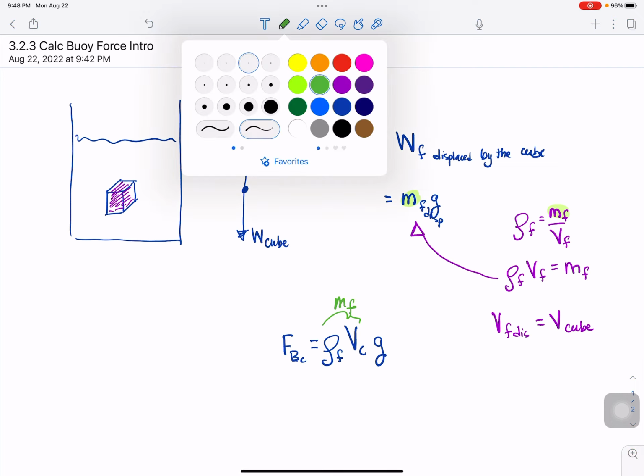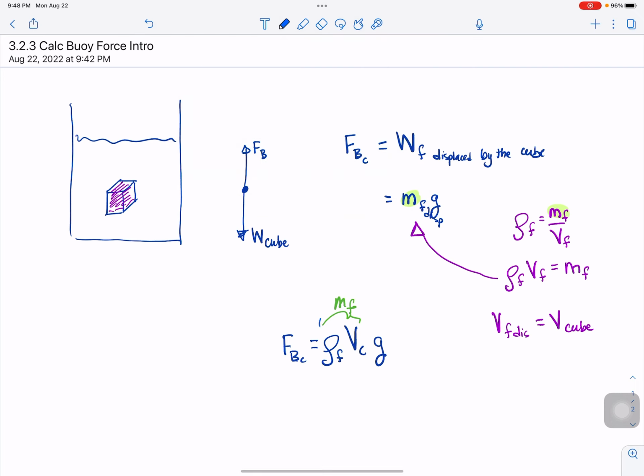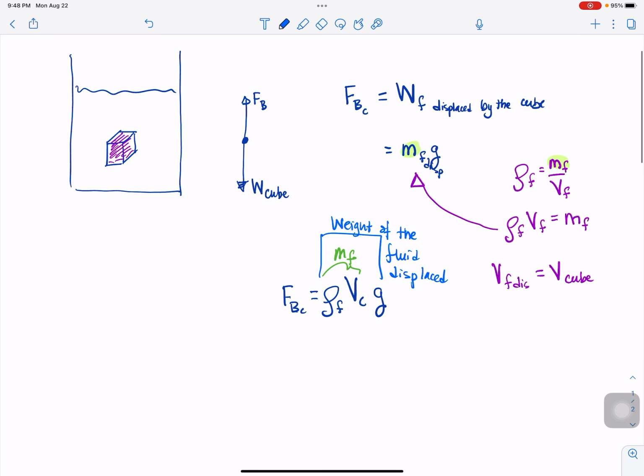And so this whole thing, this is the weight of the fluid displaced. Now, my recommendation is you actually try to derive this, because as you derive this, then it will start getting cemented into your brain.